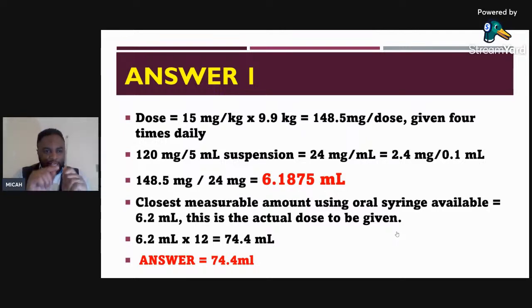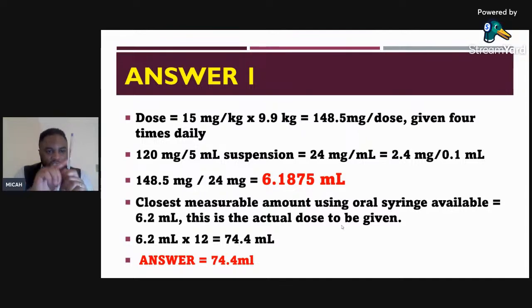It's just not practically possible. So the question you need to ask yourself is, what is the nearest 0.1 mL to 6.1875? The nearest one is 6.2.